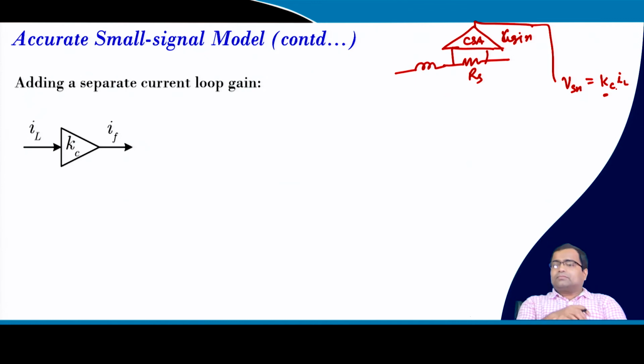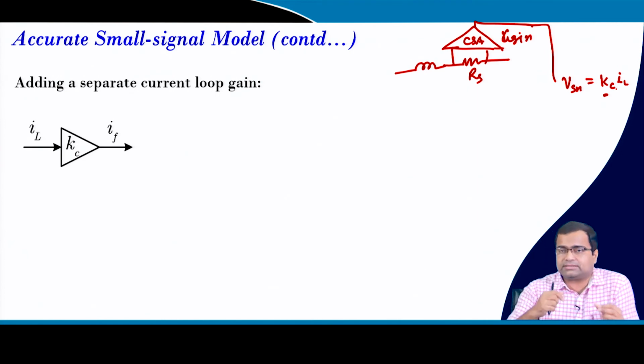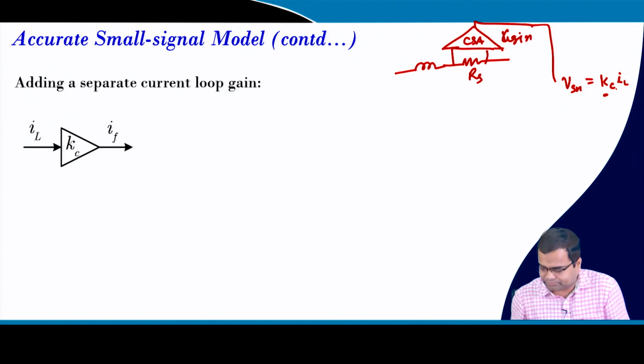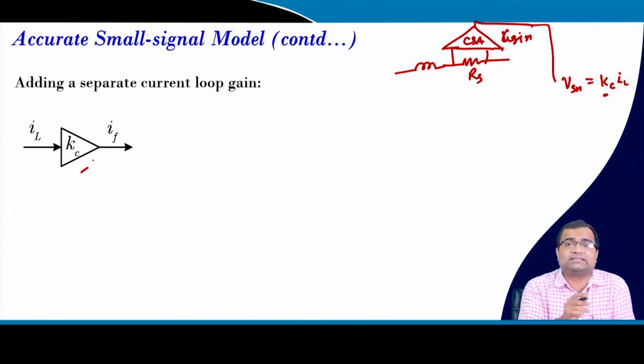Okay. So, sometimes we want to reduce the gain, because if you want to increase the gain, there is a gain bandwidth product of the current sense amplifier, because the high side current sense amplifier has some dedicated commercial ICs which have a limitation in the bandwidth, and also a gain, that means there is a gain bandwidth limit. But we can incorporate this Kc also.